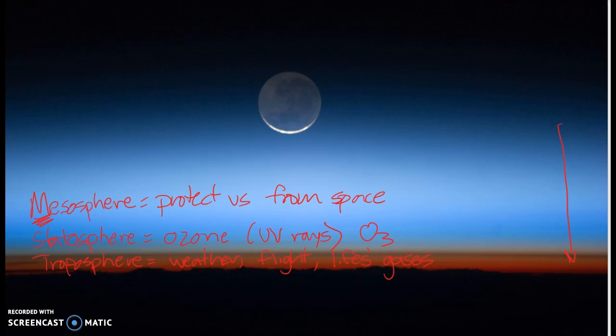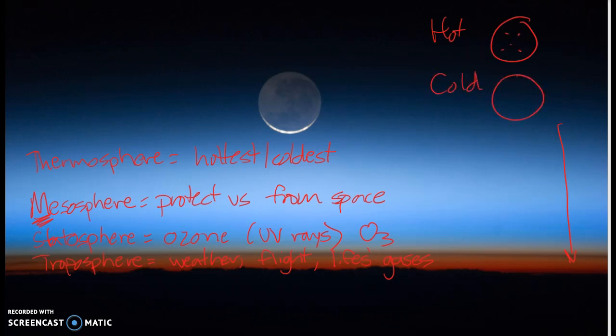And then the last one that I want you guys to know is one that we call the thermosphere, and this one has both the hottest and the coldest temperatures of the atmosphere. So as we talked about, usually what we say is when stuff is hot, the molecules are going to be spread out, and when stuff is cold, the molecules are going to be really compact.